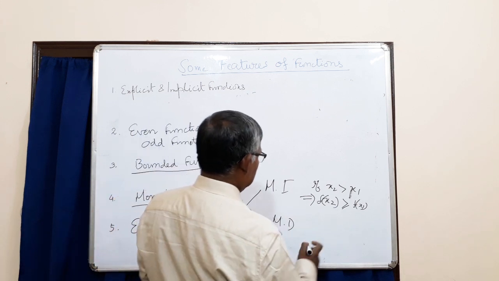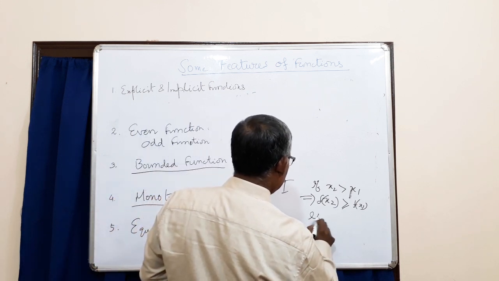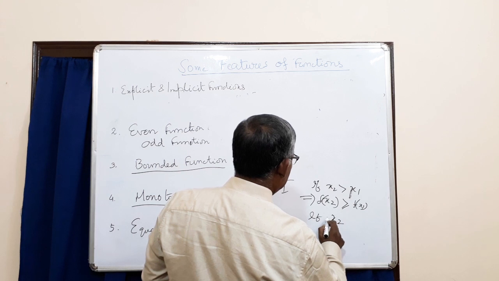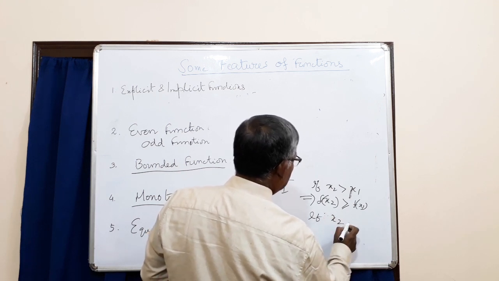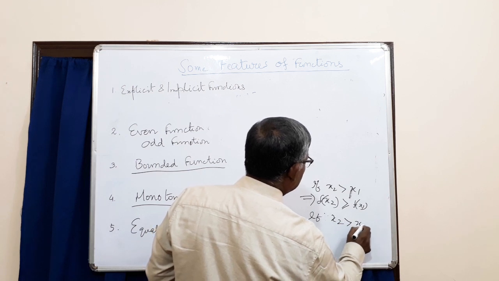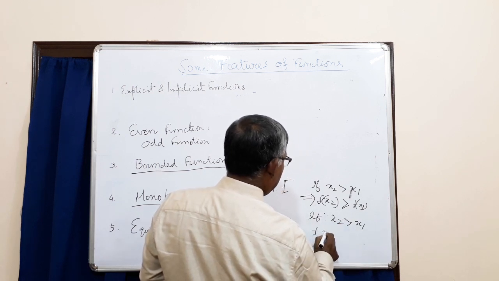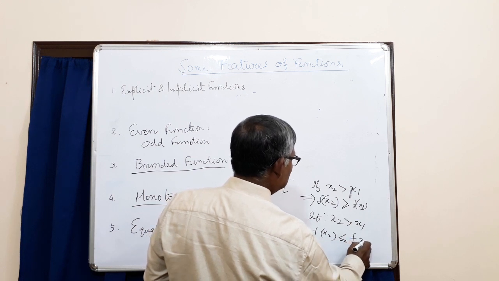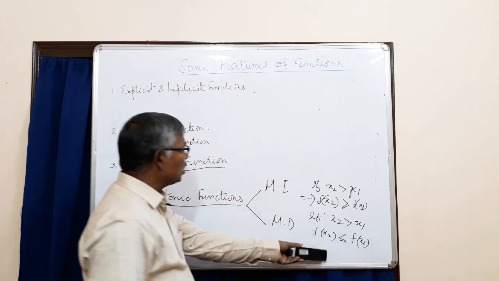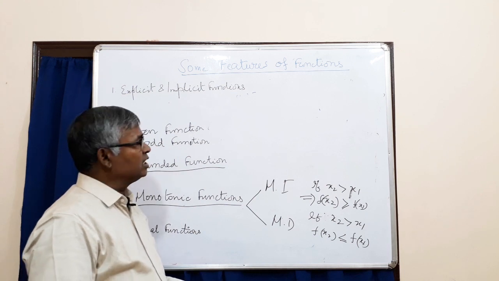And if for every x2 greater than x1, f of x2 less than or equal to f of x1, then it is called monotonic decreasing function.